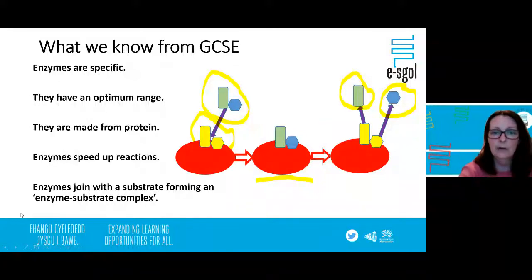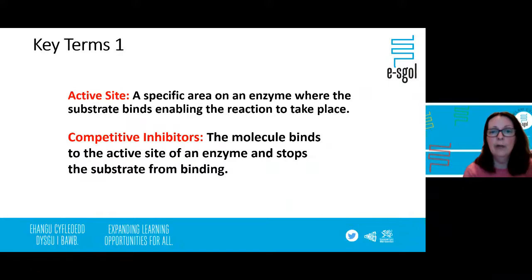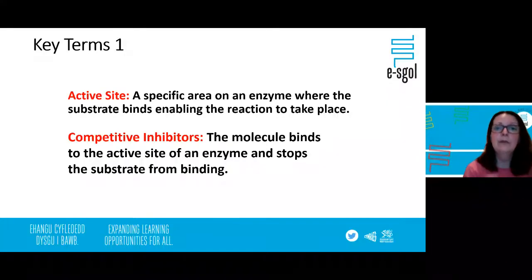So let's move on now and look at some of the terms that we need to be aware of for AS level. So it might be an idea, once I've gone through these terms, to just go back and pause the film and think about how you could remember these terms. So think of an active way of revising these terms.